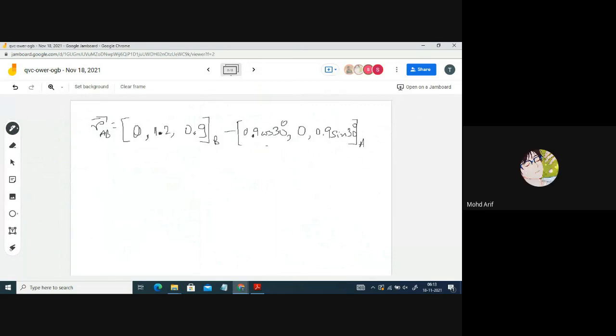So the position vector you could simplify. It's a calculation intensive problem, so just do the things at your home. It will take some time, nothing else. So 1.2 j cap plus 0.45.